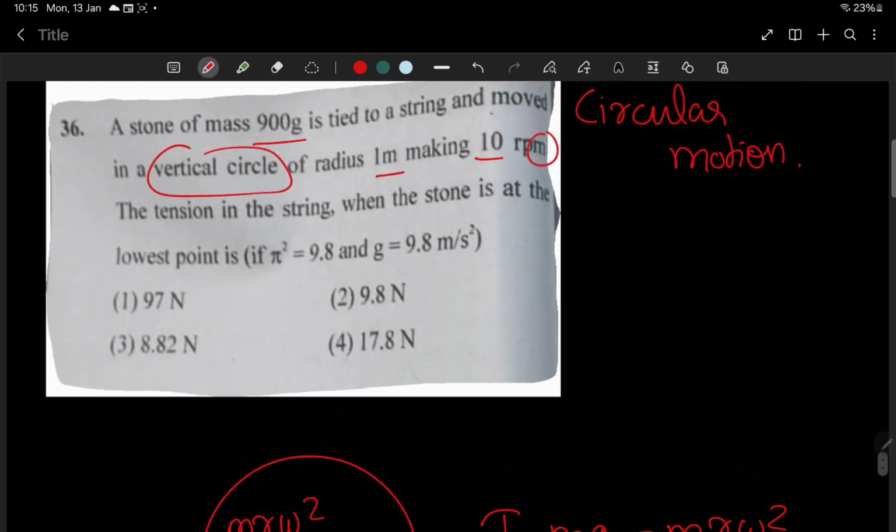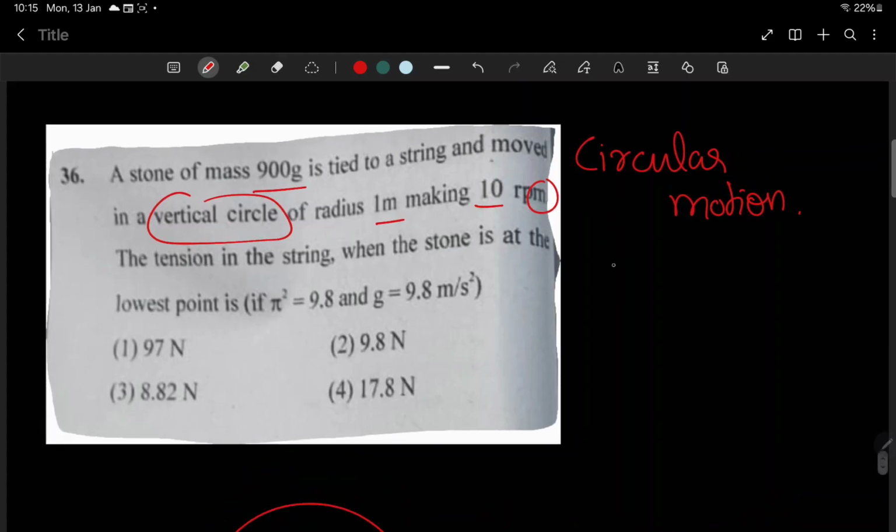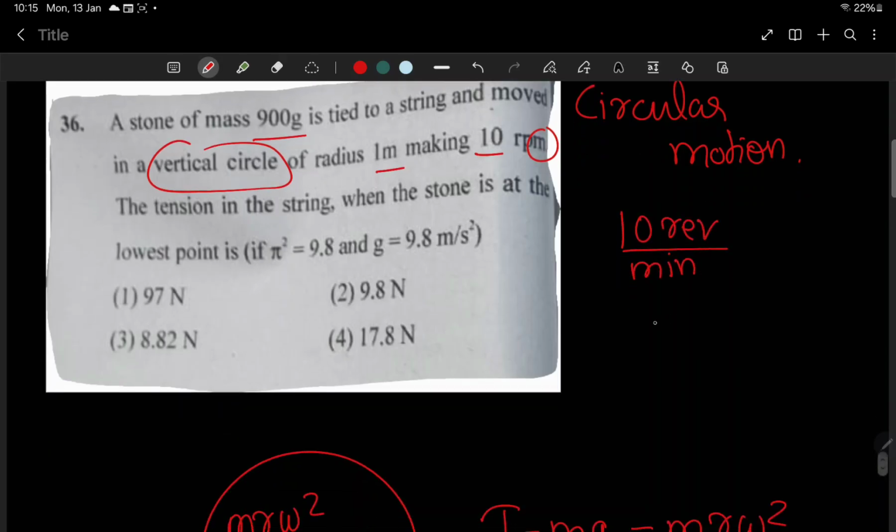But the thing is that here omega is not given, instead it is given 10 revolutions per minute. First of all, how much is one revolution? Look, first of all you have to convert it into radian, right? Omega is equal to, what's its unit? It's radian per second. 10 revolutions per minute is given to us.